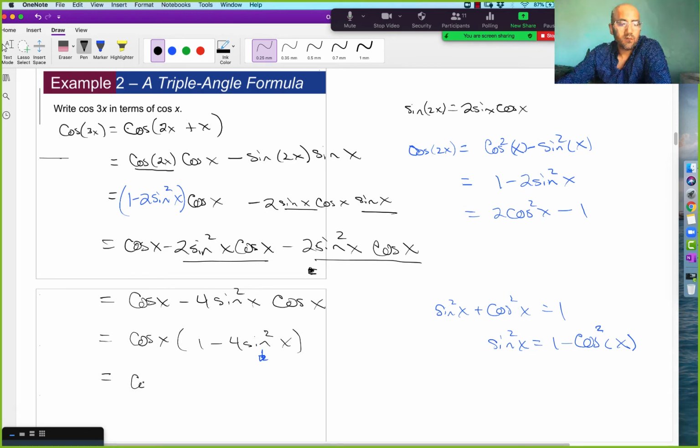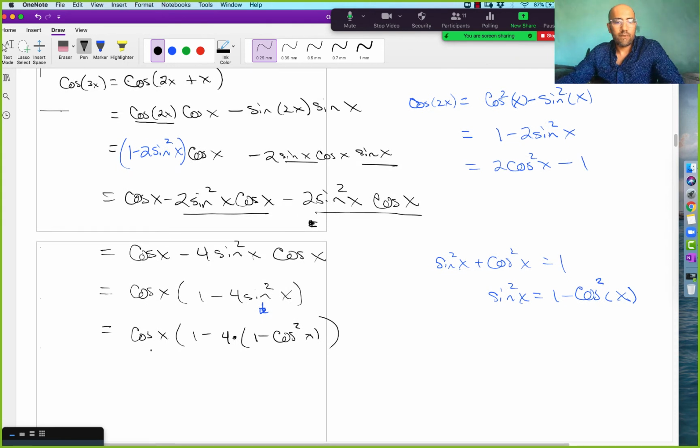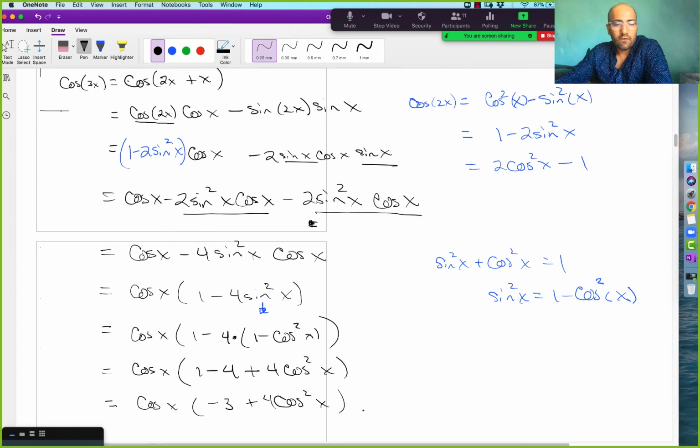So we'd end up with cosine of x times 1 minus 4 times 1 minus cosine squared x, which we can simplify just a little bit. Rewrite it as cosine of x times 1 minus 4 plus 4 cosine squared x, or cosine x times minus 3 plus 4 cosine squared x.